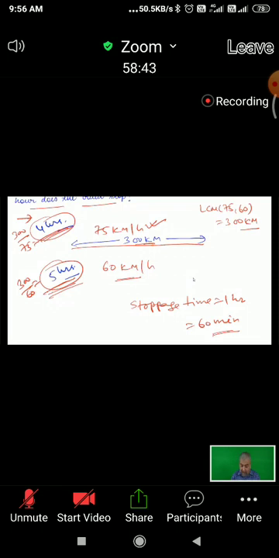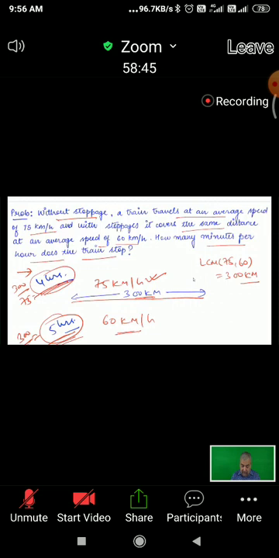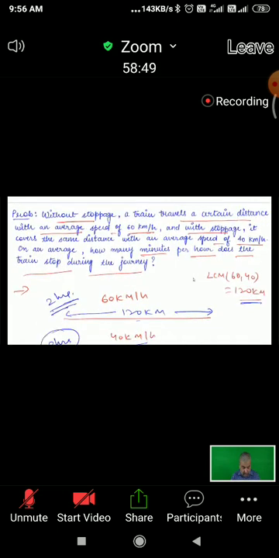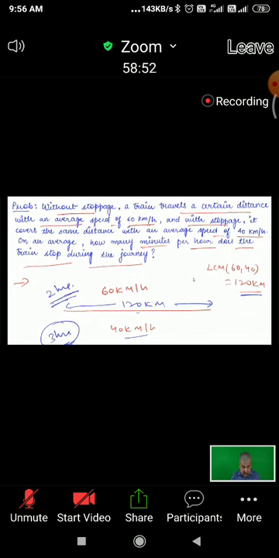Okay, Mathili, you can see the previous question. Please see. Sarban Kumar, I have told you how to calculate stoppage time. Mathili and Kajal Kumari, see this question. The previous question I have just put on the board.